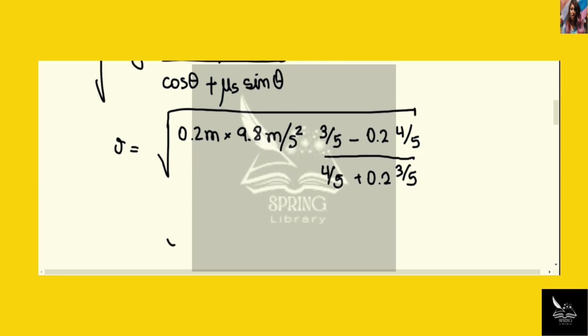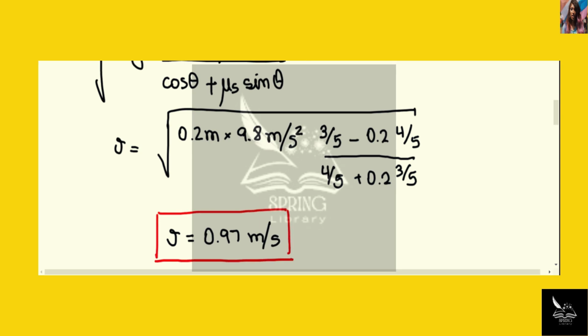So v is equal to 0.97 meters per second. And this concludes our exercise. This is the minimum speed that the spool can rotate.